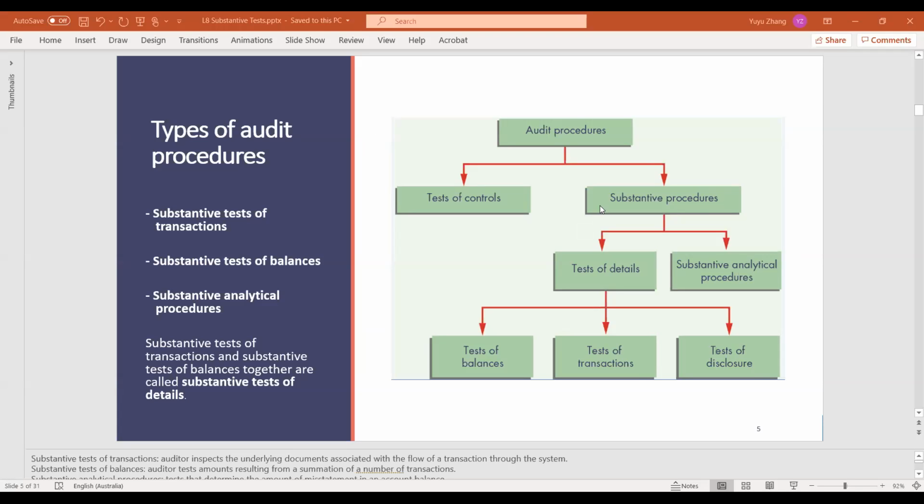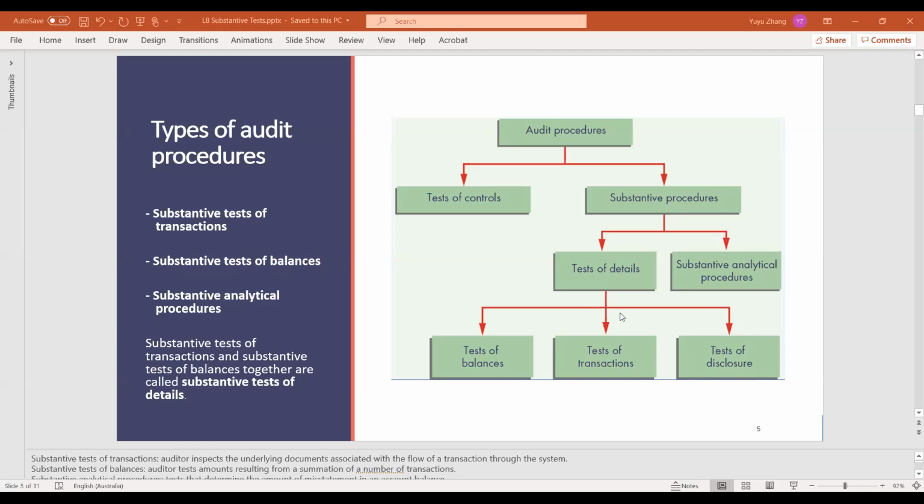When we are doing substantive testing procedures, we have tests of details, including testing of balances, testing of transactions, and testing of disclosures. Testing disclosure is usually about the financial statement level test.